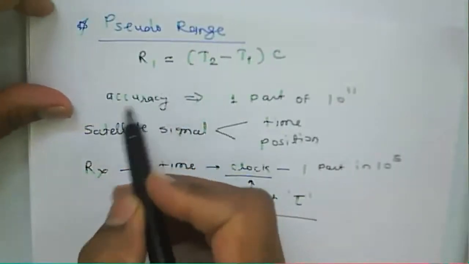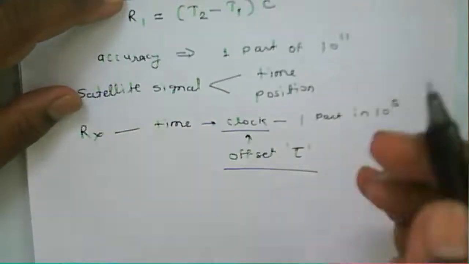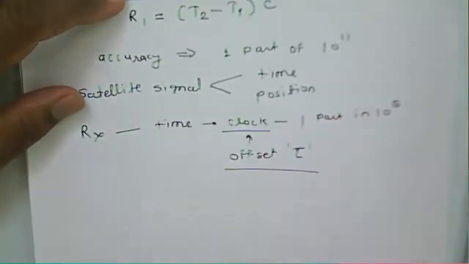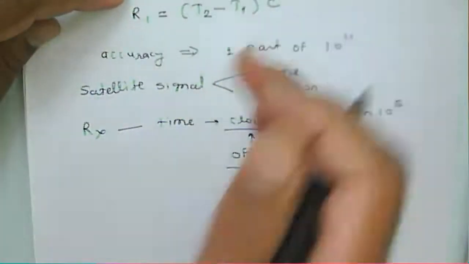So while measuring the range, there will be an error in the range, and that error can be calculated with respect to the clock offset.